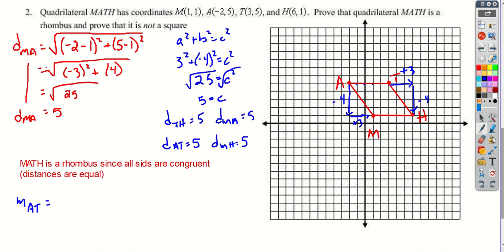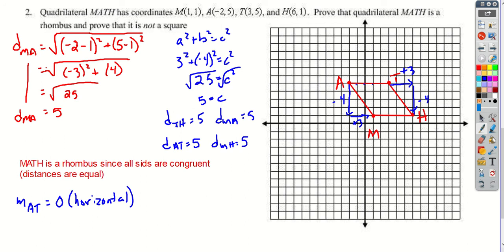But I could say it equals 0, and actually we will. It's a horizontal line. Nice and easy. Vertical lines are undefined, horizontal lines are 0. If you wanted to, feel free to just plug in the points. So 5 minus 5 over 3 minus negative 2 is going to give you 0 over 5, which is equal to 0.